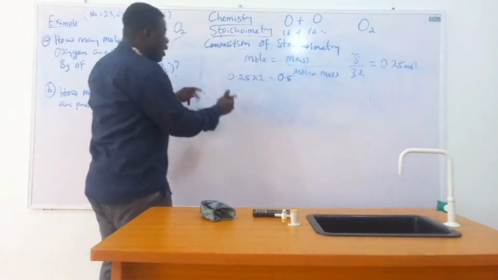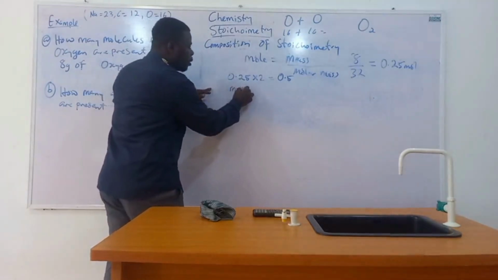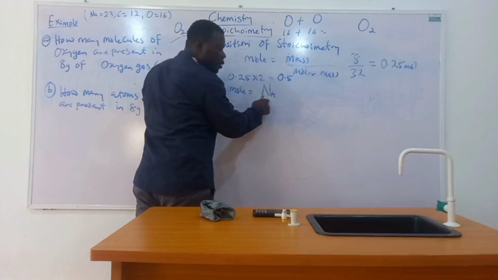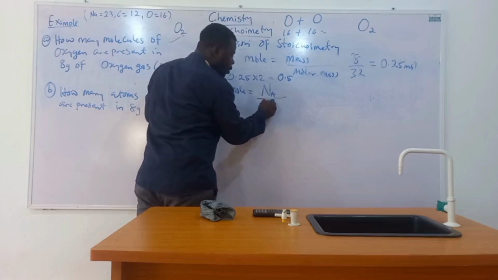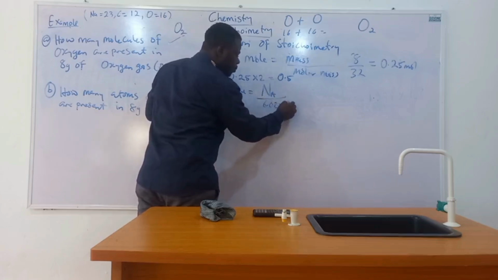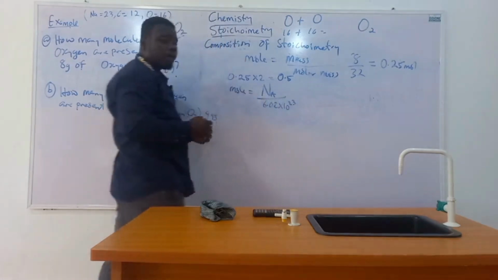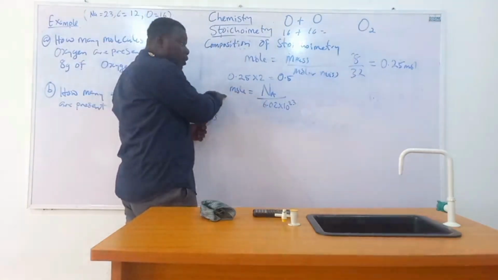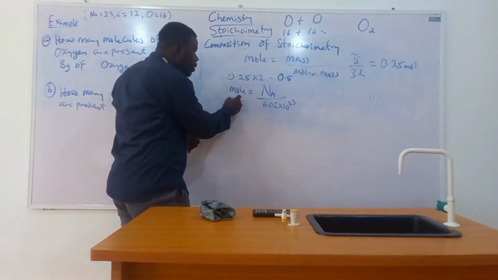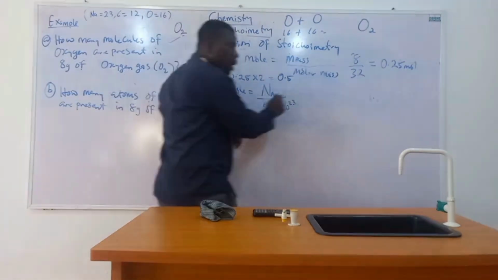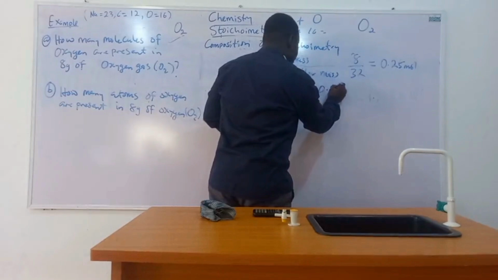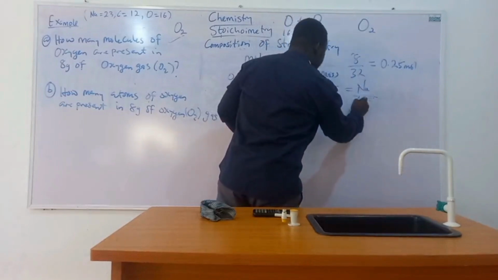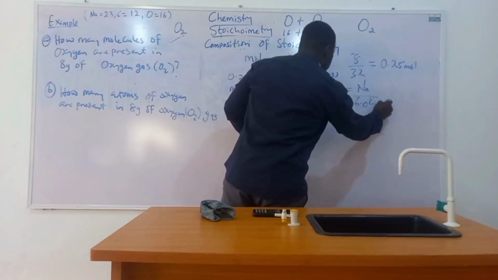Now recall again, mole is equal to number of atoms over Avogadro's constant. Right? So what is our mole here? Our mole here is 0.5, equal to the number of atoms, which we don't know, over Avogadro's constant.